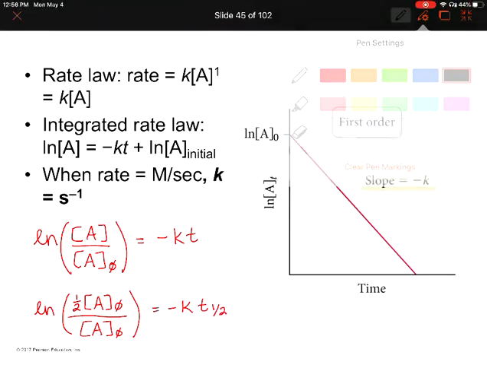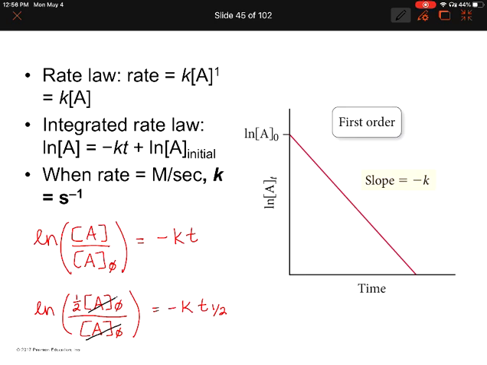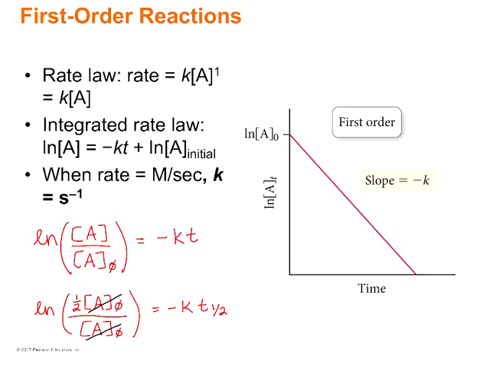So what ends up happening here is the initial concentration of A cancels, and we end up with the natural log of 1/2. So if we plug that into our calculators, the natural log of 1/2 is negative 0.693.